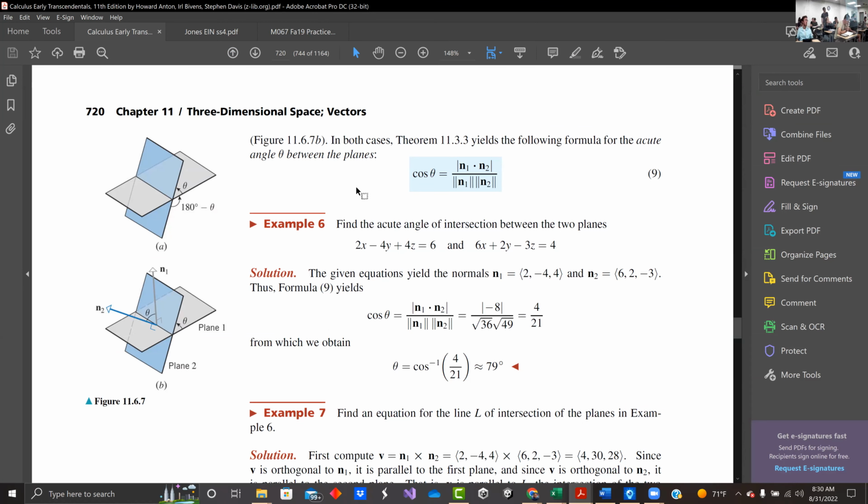Make sure you get the acute angle. Why don't you do cosine inverse of 4/21 with the absolute value and tell me if you get a different answer than what I get?